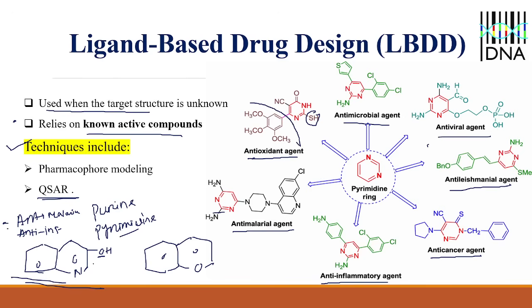So it is getting explored currently. In the market and in current research, the main focus is on ligand-based drug design, because many researchers are synthesizing many moieties and finding the target by going through that ligand molecule.